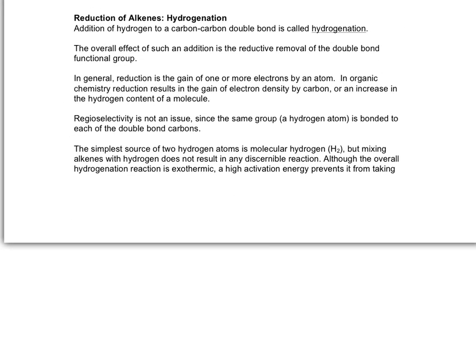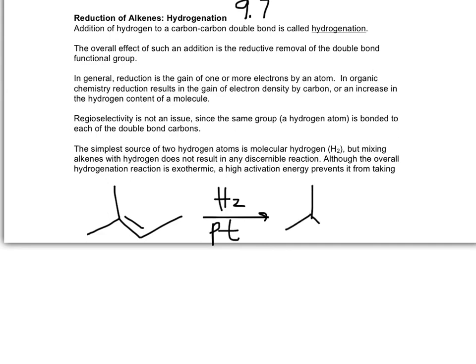Now let's move on to the reduction of alkenes by hydrogenation. This is section 9.7. If we have hydrogen gas in the presence of a platinum catalyst, we can add hydrogen across the double bond.